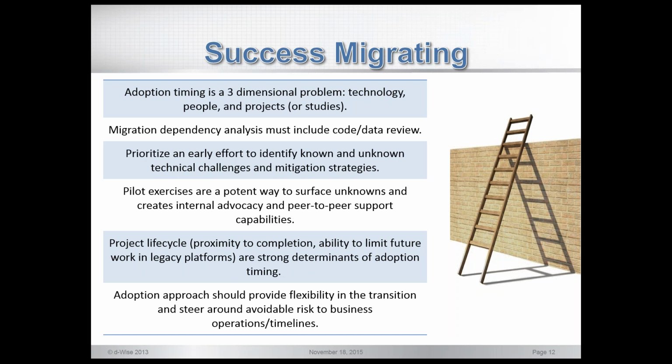And the last two bullets speak to the planning of the adoption lifecycle. It's really just referencing some previous comments that when you think about the current lifecycle of a project, how close it is to completion, how long will the legacy platform be necessary, those things should be top of mind in determining adoption timing.